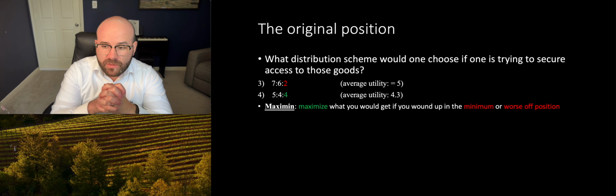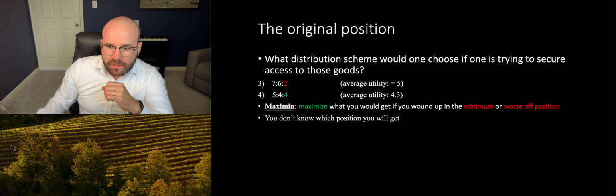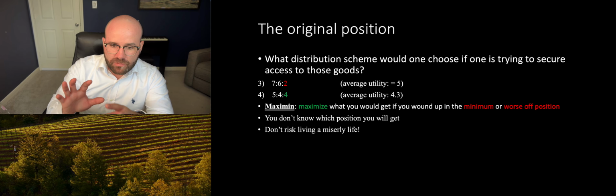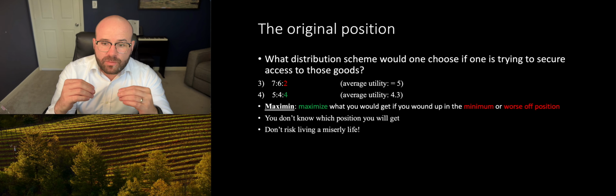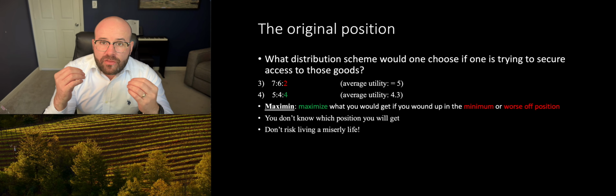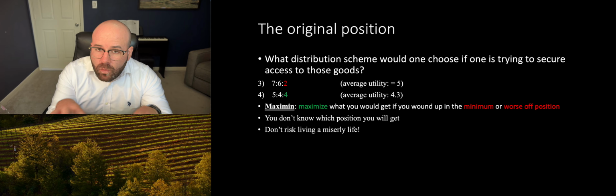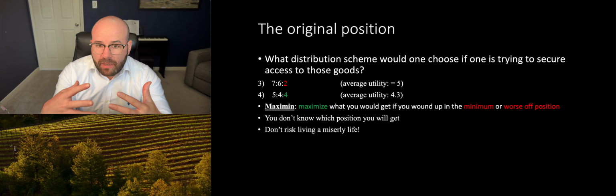Remember what the difference principle said? I don't know if I have it in this slide. No, these are just reasons why you should follow maximin, which is don't risk living a miserly life. And this follows the difference principle. If you recall, the difference principle says that you have an equal distribution unless the worst off are made better.